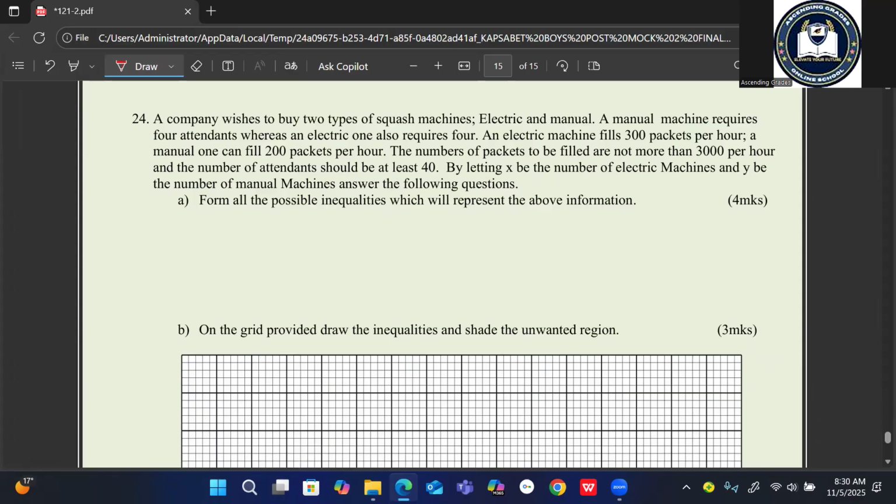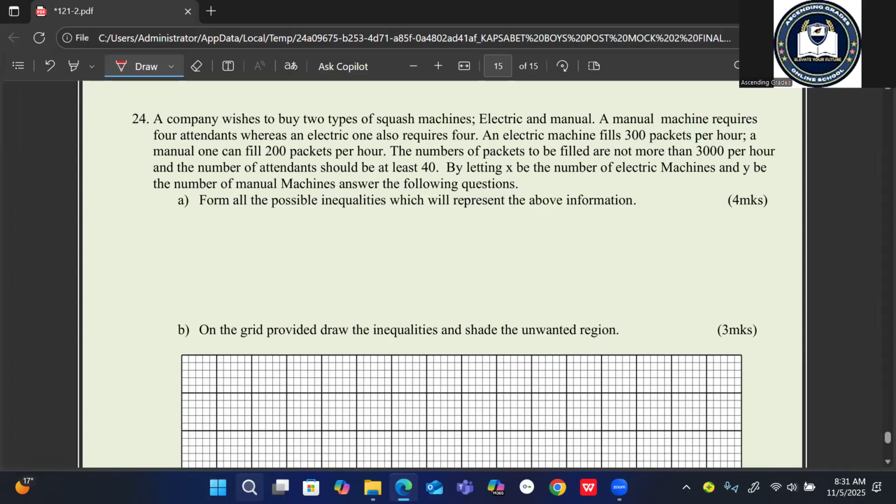The number of packets to be filled is not more than 3,000 per hour, and the number of attendants should be at least 40. By letting X be the number of electric machines and Y be the number of manual machines, answer the following questions. Question A. From all the possible inequalities which will represent the above information.